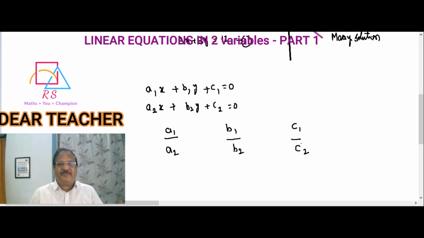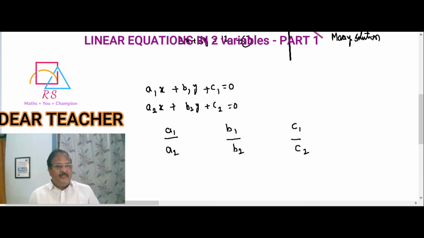I am just giving you general formulas. So these are the ratios of the coefficients of variables and constants. Remember that this C is on the left hand side.